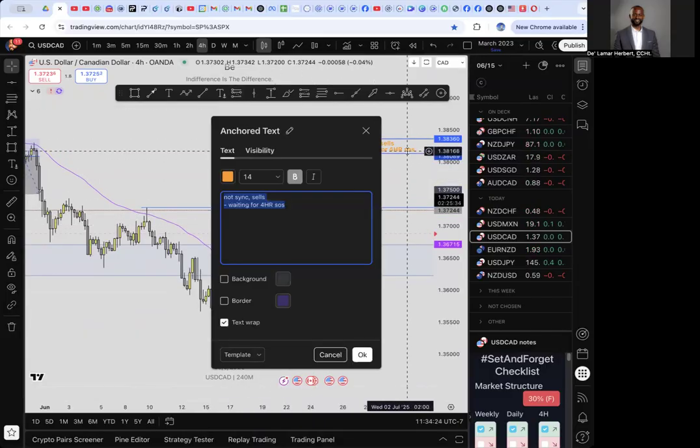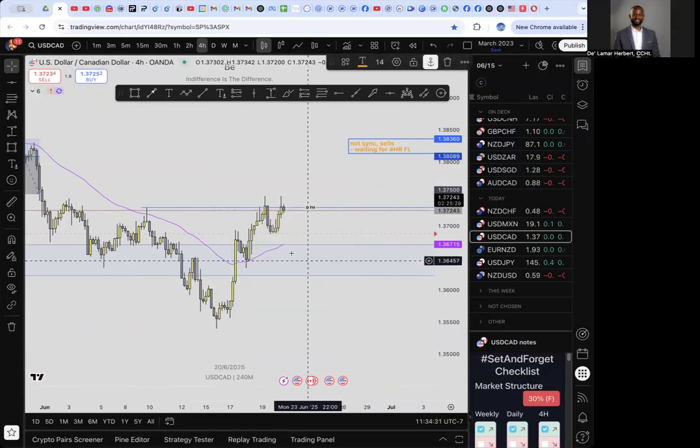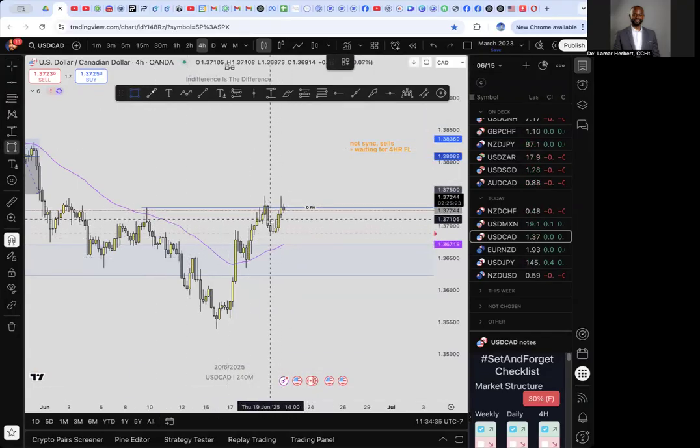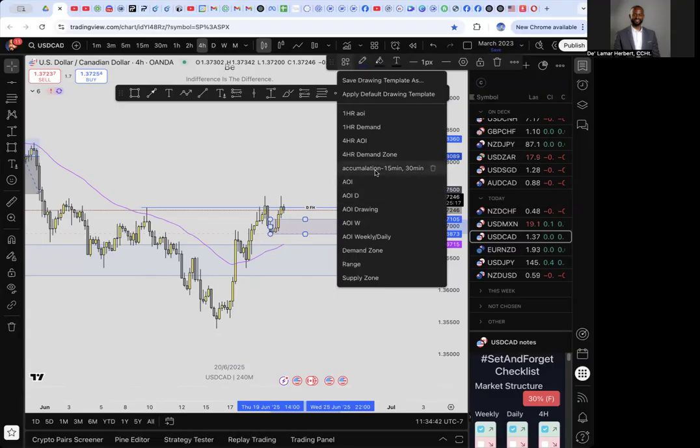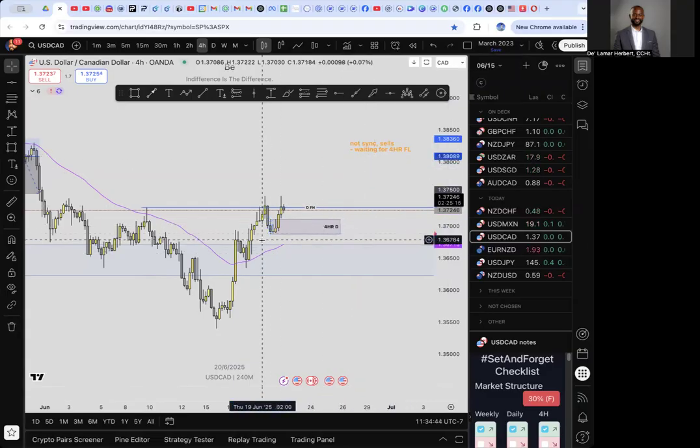Now we're just waiting for a 4 hour first low. And we have a 4 hour demand zone here, but right below that, guess what? We have another first low that was created.